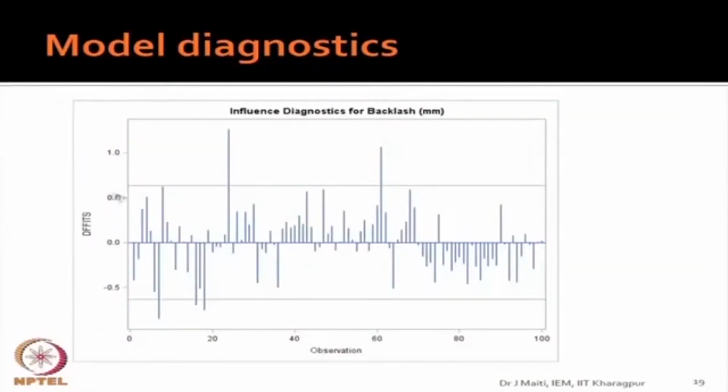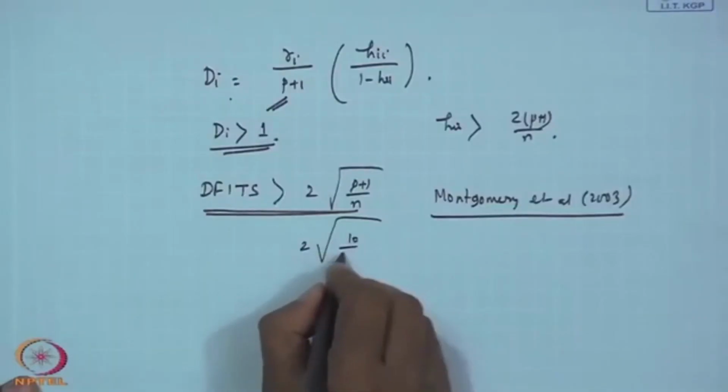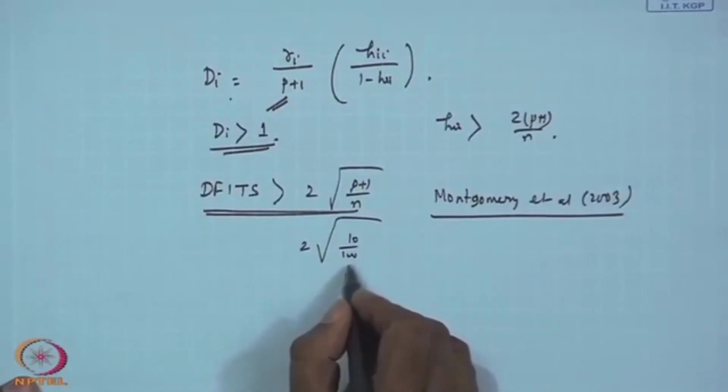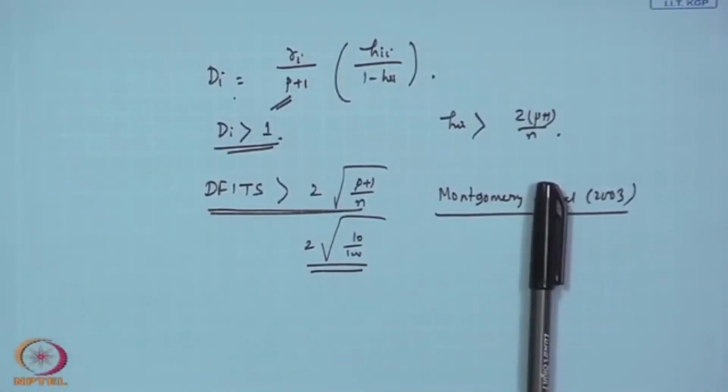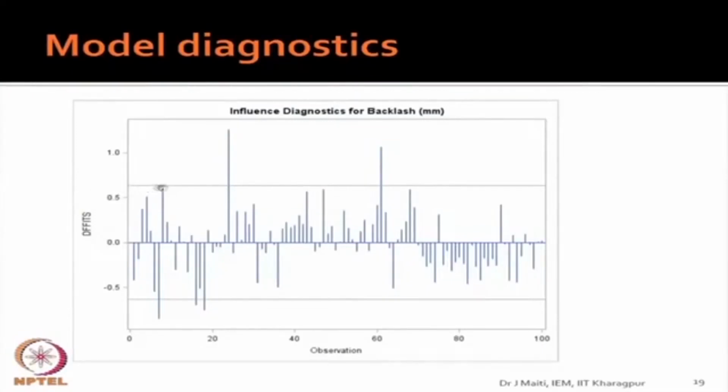So you see here what happened in this slide for the particular case, our Di value and DFFITS value. The DFFITS cutoff, 2 into root of (p plus 1) by n, with 100 observations, ultimately comes to 0.63.